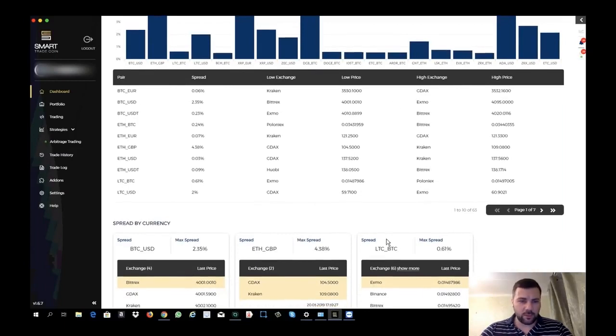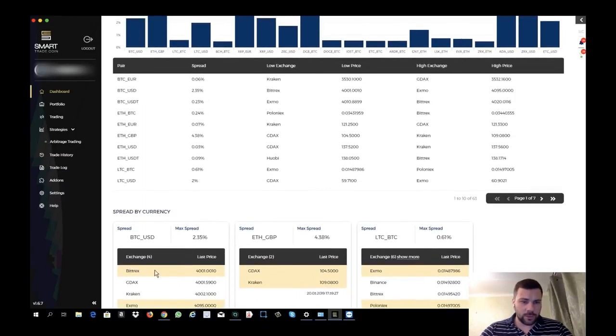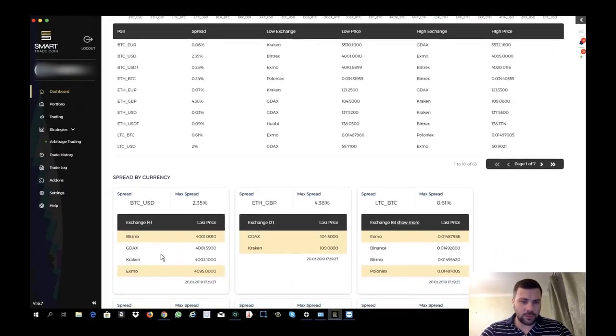And now we see that Bitcoin is cheaper on the Bittrex exchange and more expensive on EXMO in this case. That is, if you look at today, you can start with USD on Bittrex to buy Bitcoin and on EXMO start with Bitcoin. And then arbitrage will occur.